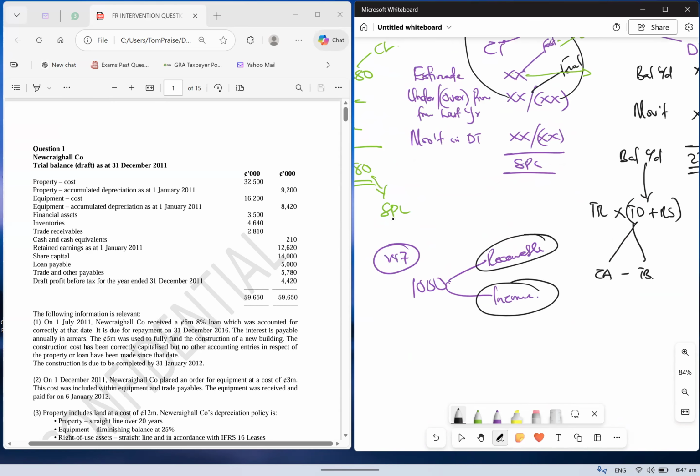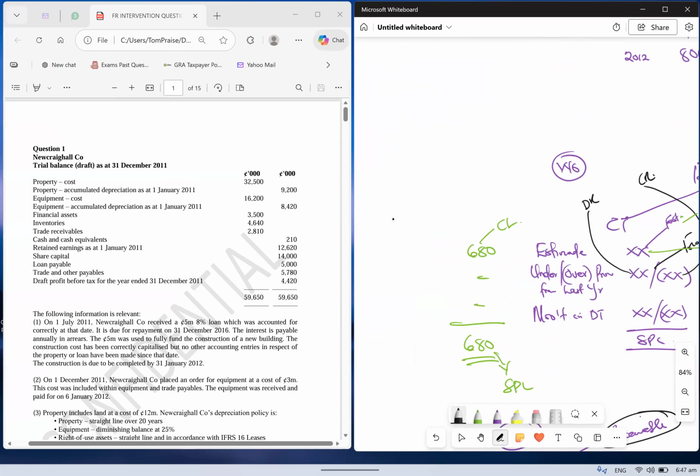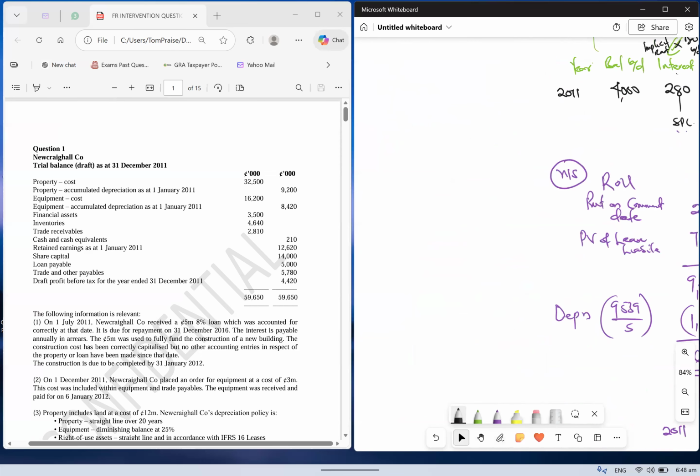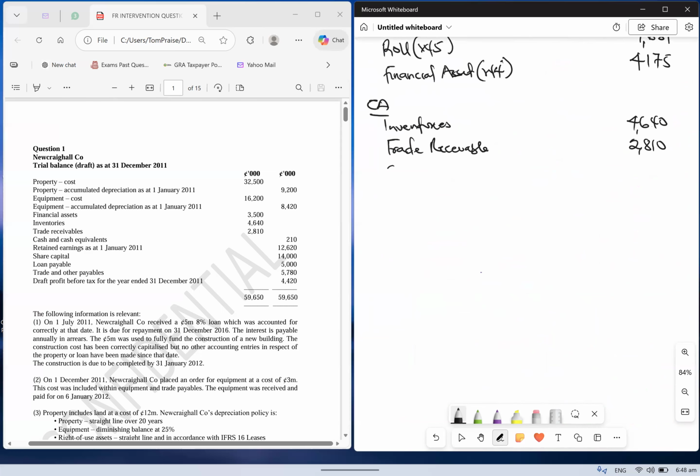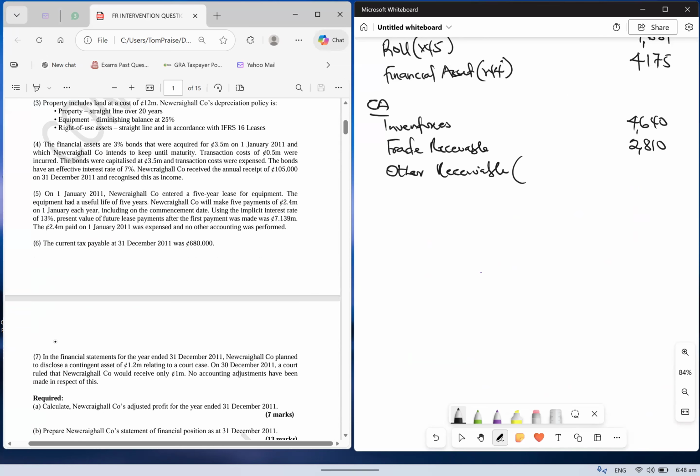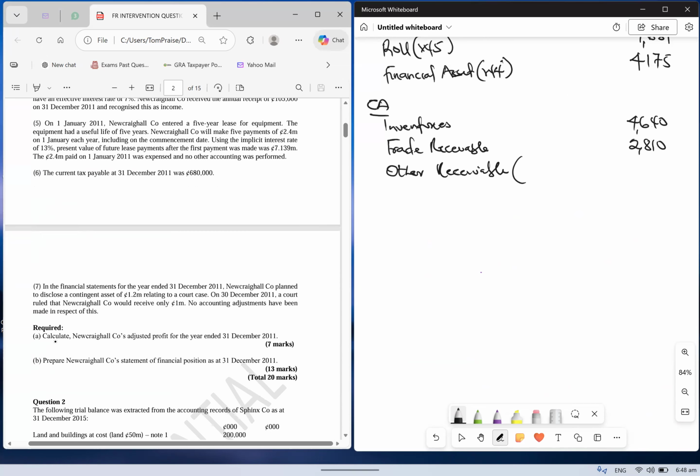We have a receivable again of 1,000. So let's call that one receivable from IAS 37. Let's say other receivables, because it's coming from the contingent asset they did, which we now reclassify.